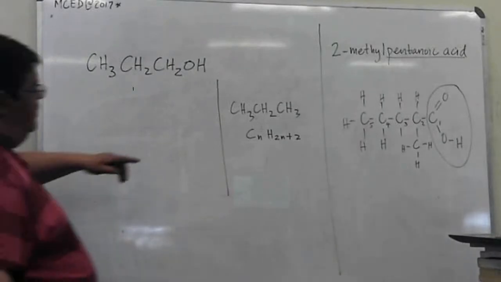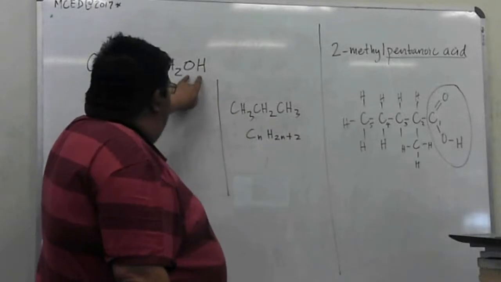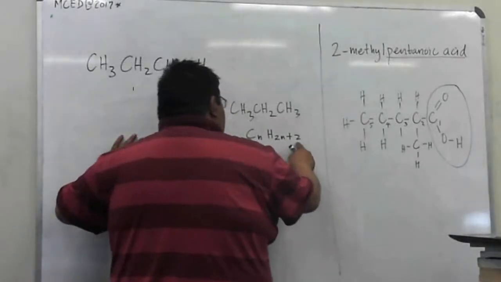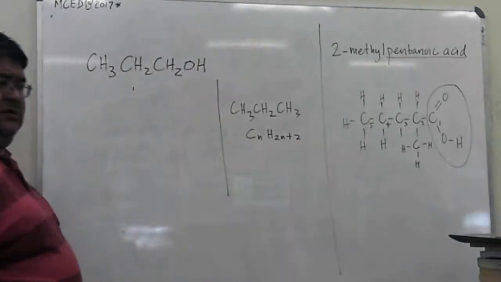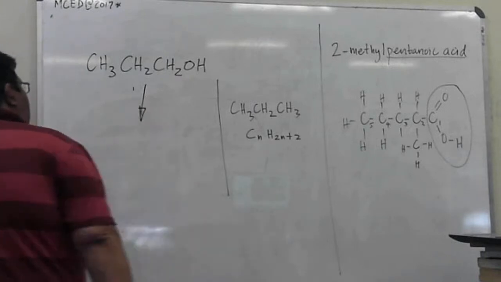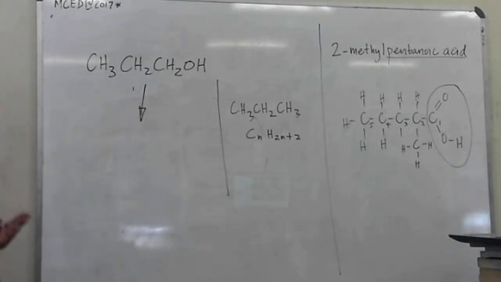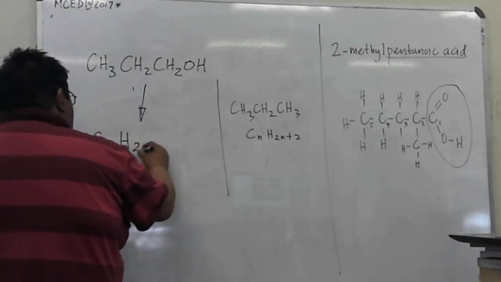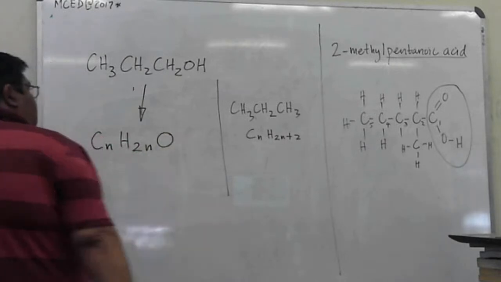One of the H's, the third H over there, has been substituted by an OH. So there is still 2n plus 2 H's, but there's also an O. For an alcohol, it is almost exactly the same as an alkane, only with an O: CnH2n+2O.